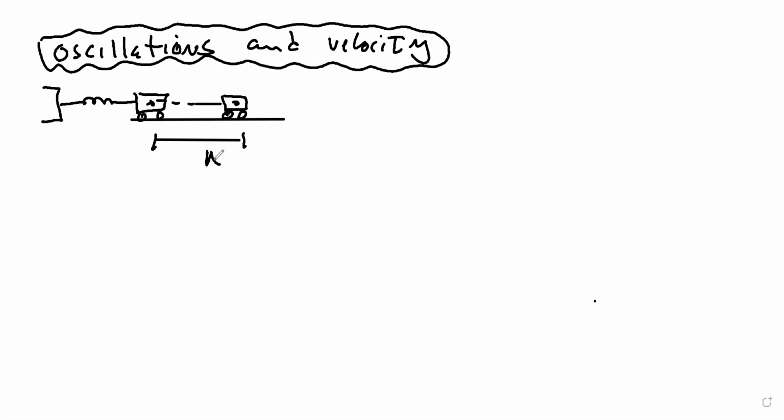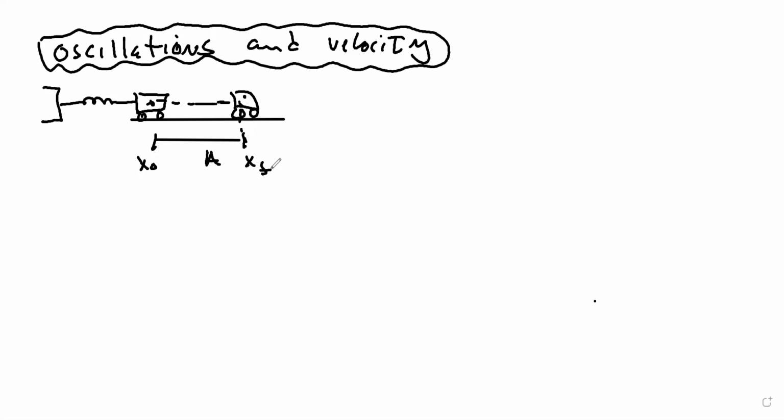Let's call it A. And this is going to be the equilibrium point, x sub naught. And this one over here, let's make it a little more over here. So it's going to go all the way here. And this is going to be x final.